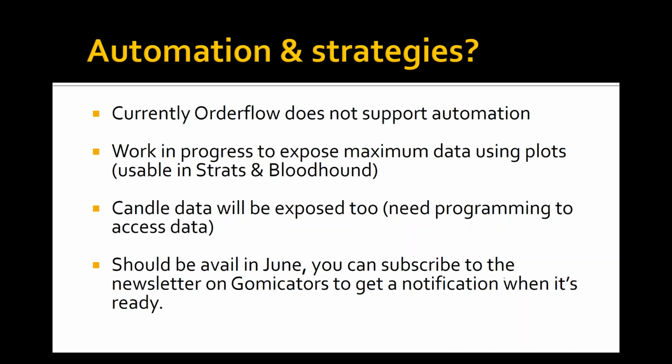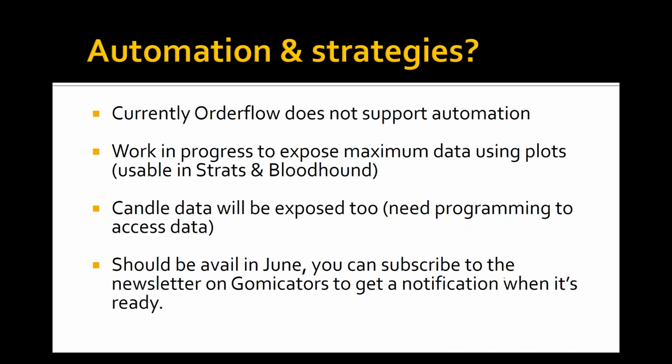The candle data will be exposed too, but it will require a little more work, because you will need to write code in C# to go through the candle price levels.